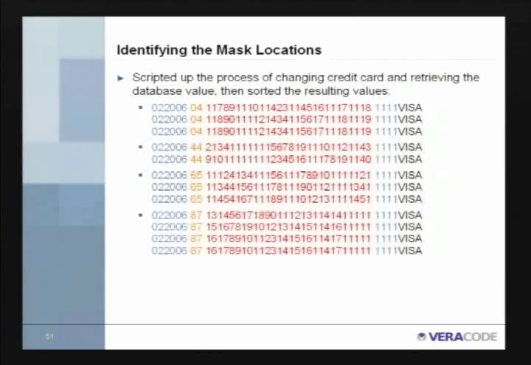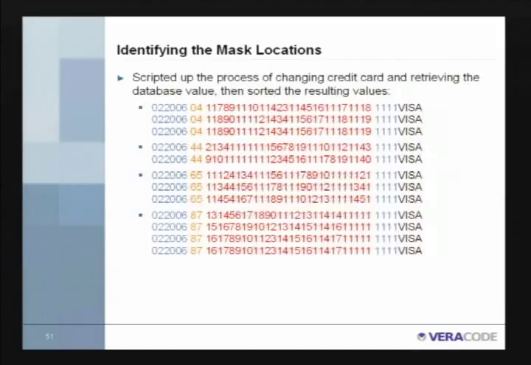So we scripted up the credit card number changing operation and retrieving the value from the database, and did that a few hundred times. And upon looking at the data a little bit more closely, we saw some patterns relating to the 2 characters coming right after the expiration date.